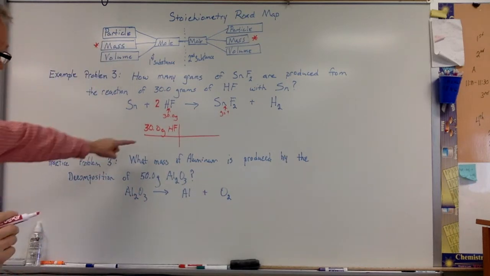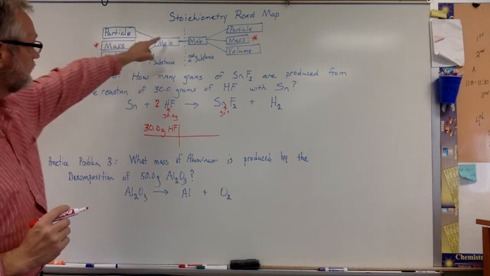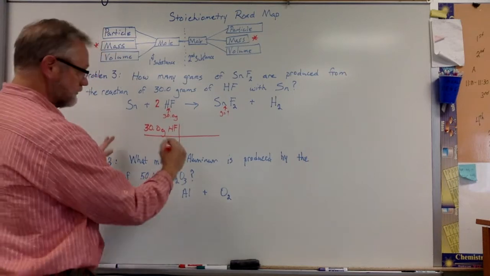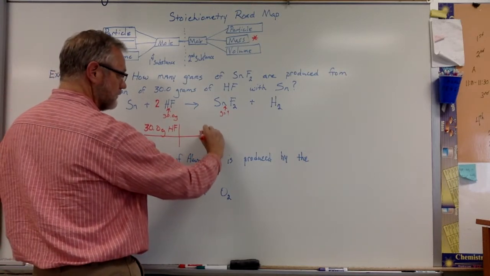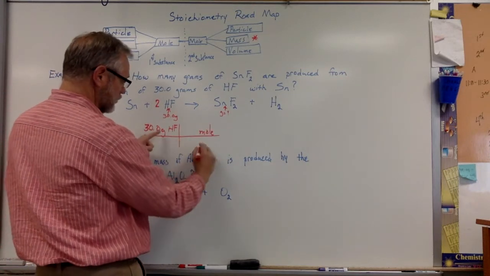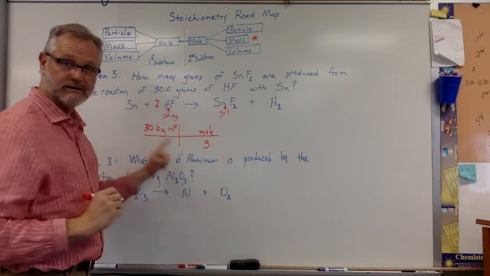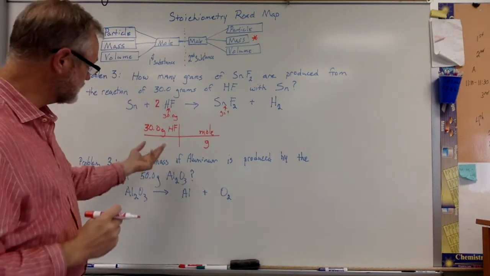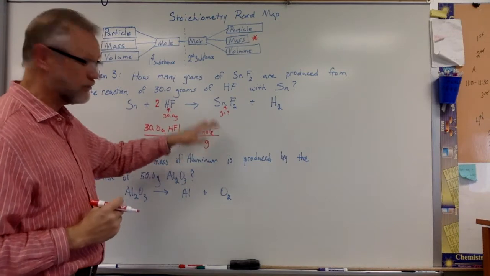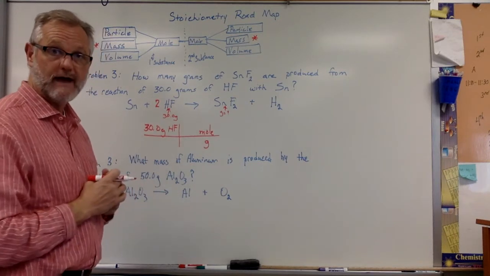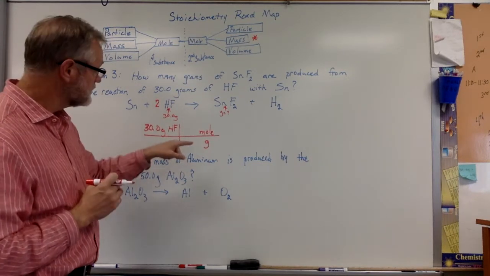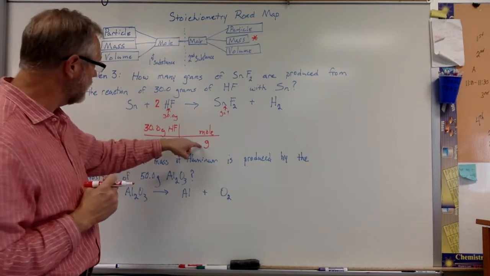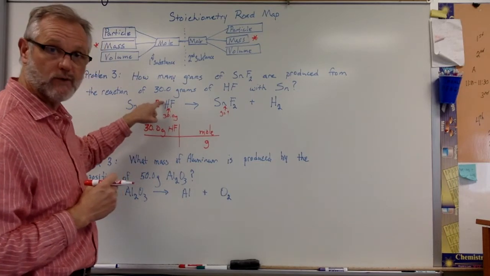The very first thing that I want to do is go from grams to moles. So if I'm going to moles, I'm going to write the word mole on top. The gram goes on the bottom because that's what I'm going to have to factor out. Then I simply ask, what's the relationship between a gram and a mole? Of course, we know that to be the molar mass, the number of grams in this particular formula.